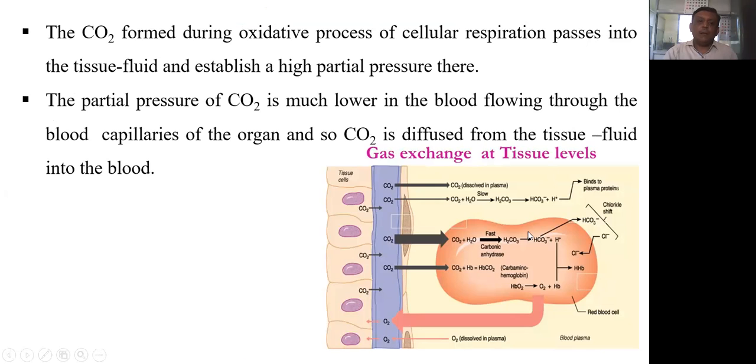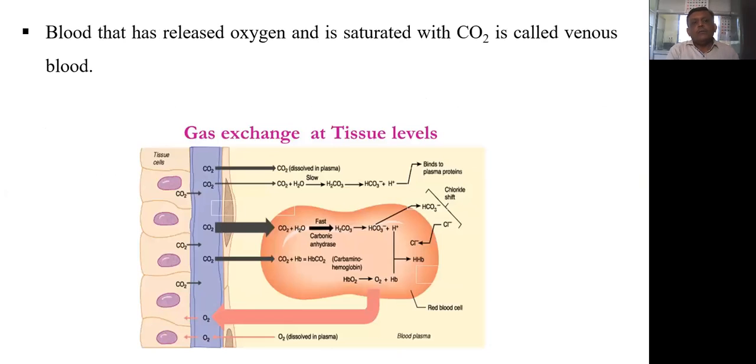It is then developed. So partial pressure of CO2 is much lower in blood flowing through the blood capillaries of the organ, and so the CO2 from the tissue is diffused into the tissue fluid and then into the blood. Blood has released oxygen and is saturated with CO2.